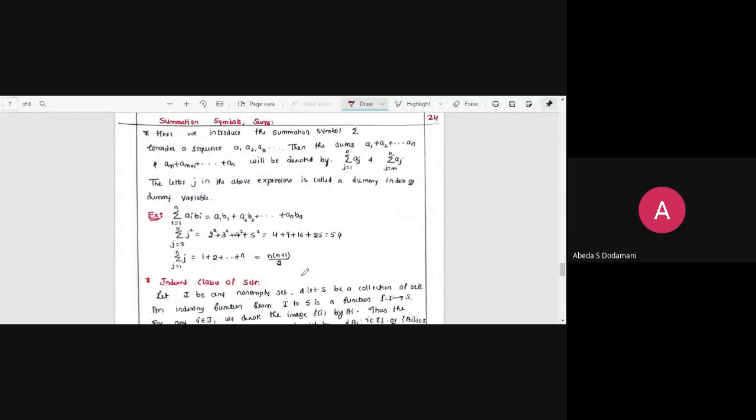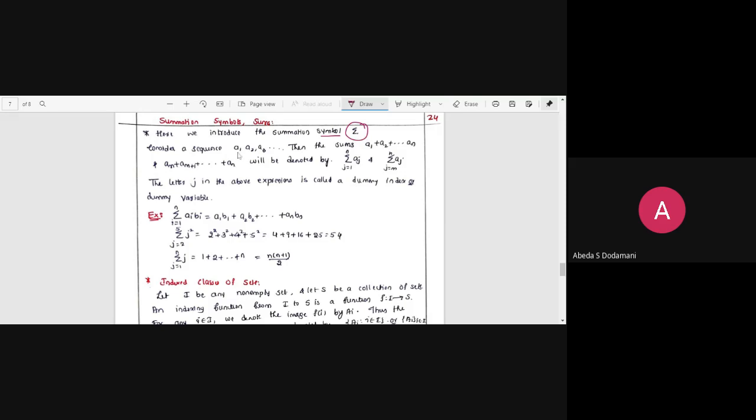Okay. Then we can write the sum of numbers. Suppose you have the sequences, the infinite sequences which you want to sum up. How do we go about it? We can use the summation symbol, which we read as sigma.